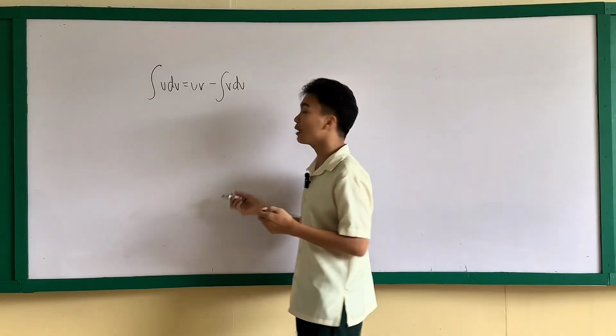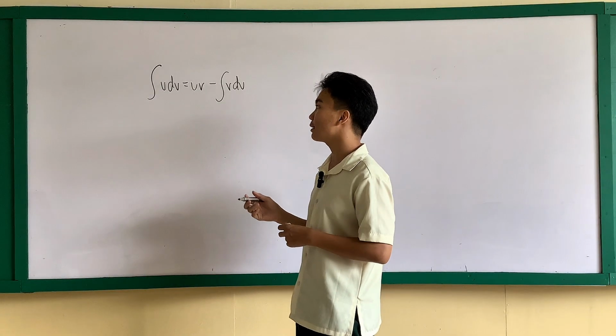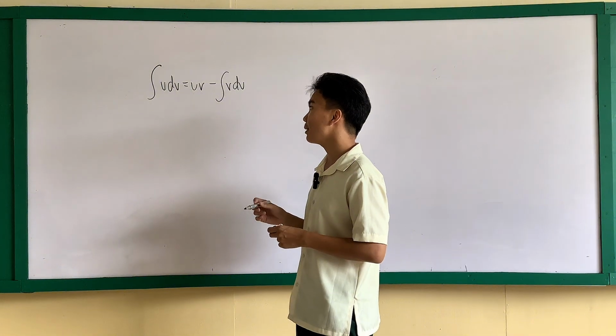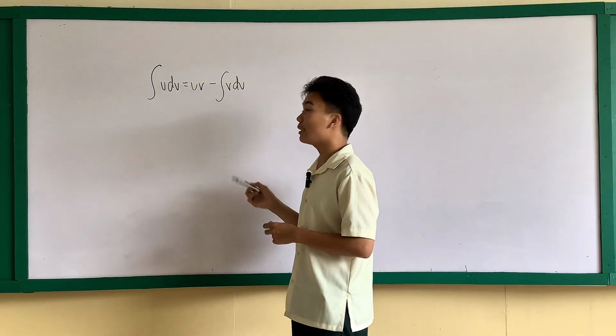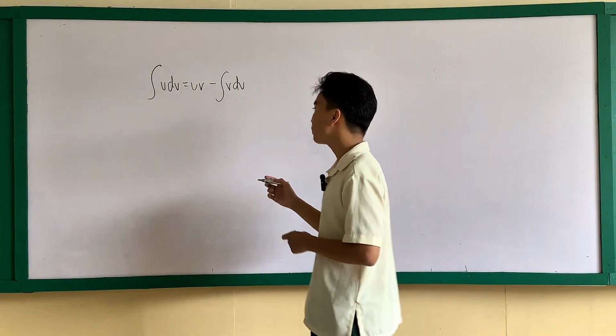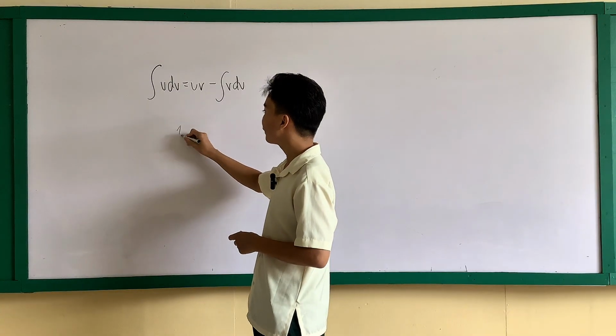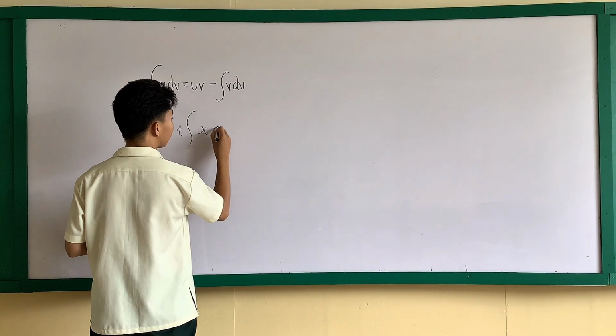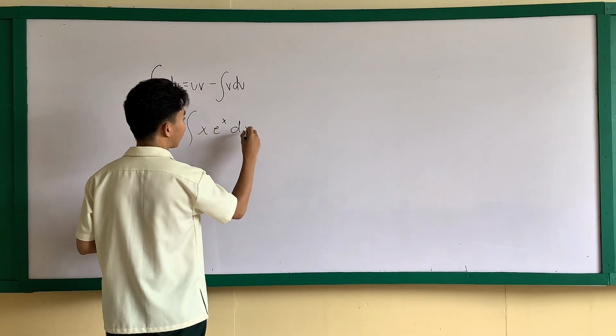We typically let u be the part that is simpler to differentiate and dv be the part that we can easily integrate. For example, number 1, the integral of x e^x dx.